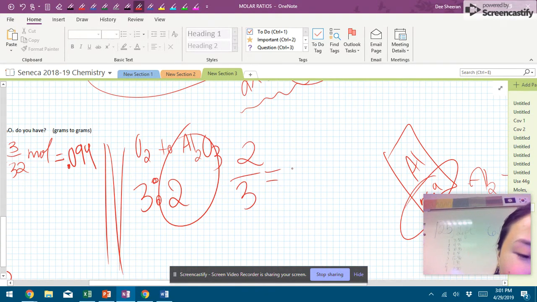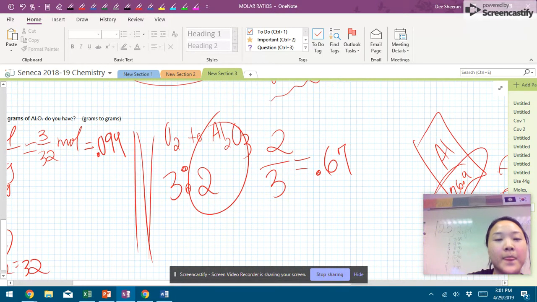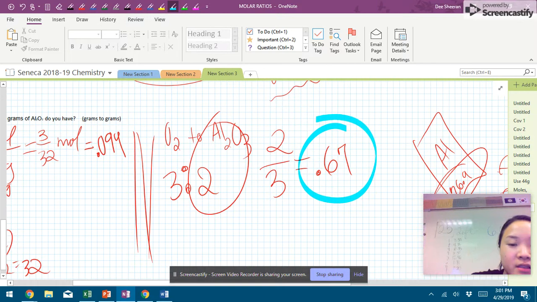Put it in your calculator. That will give you a value of 0.67, 0.7-ish. As long as it's close enough, you're fine. Now what you're going to do is multiply this by this.